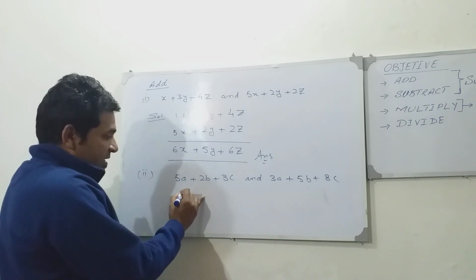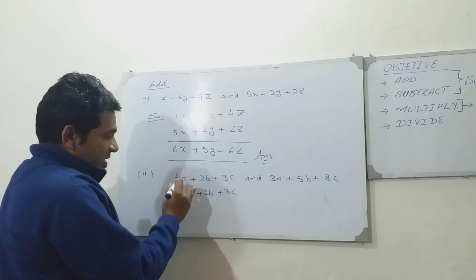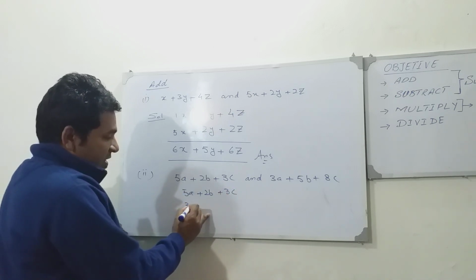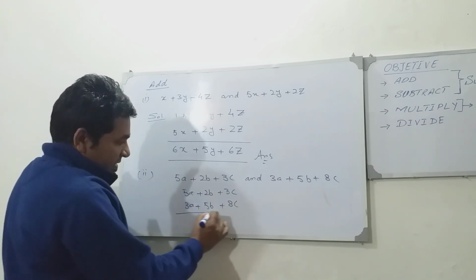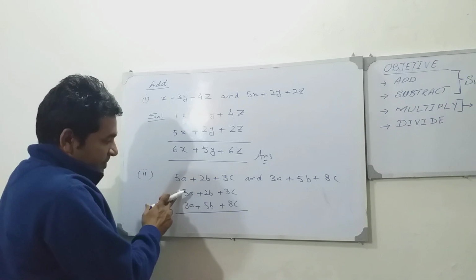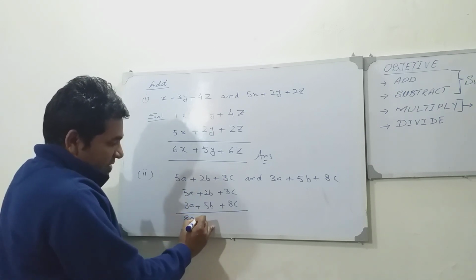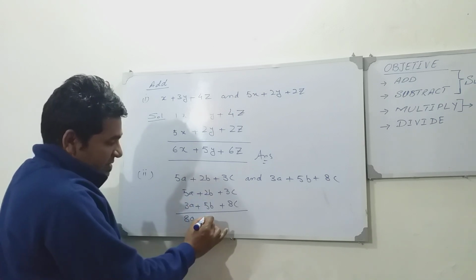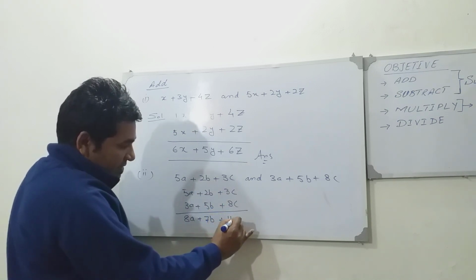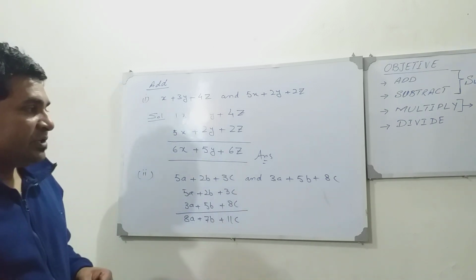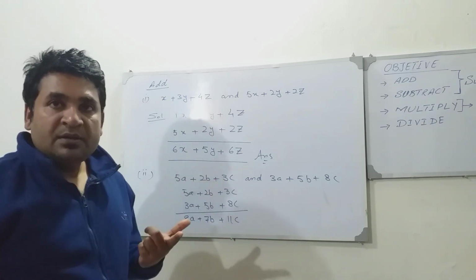Simple, write them vertically: 5a plus 2b plus 3c and then 3a plus 5b plus 8c. Add them together: 5 and 3 is 8, so 8a; 2 and 5 is 7, so 7b; and 3 and 8 is 11, so 11c. This is simple addition of an expression consisting of more than one term.